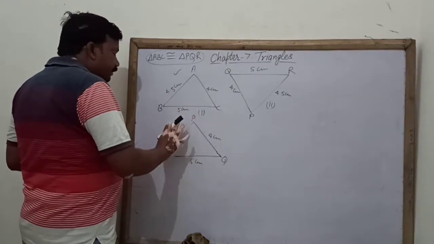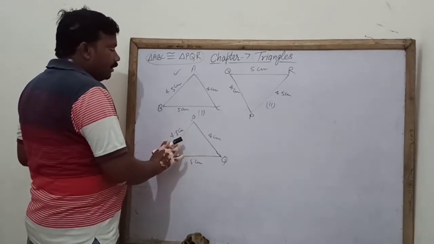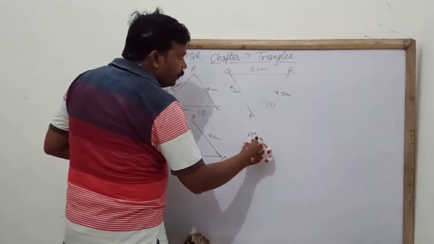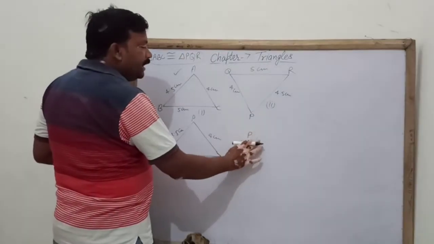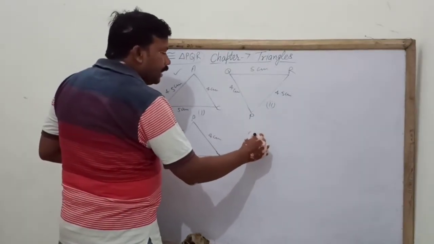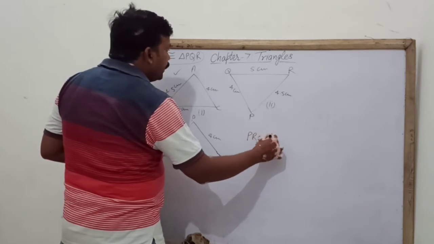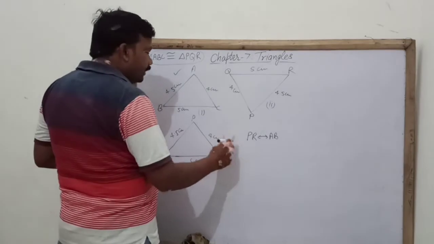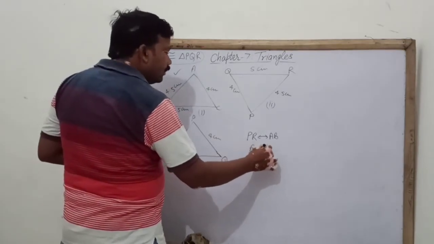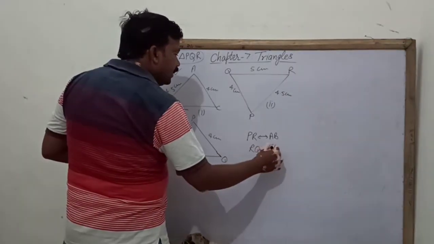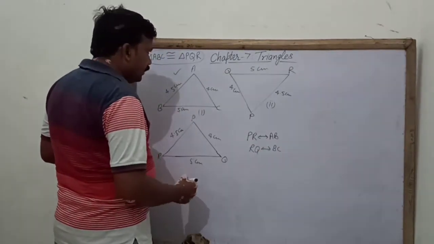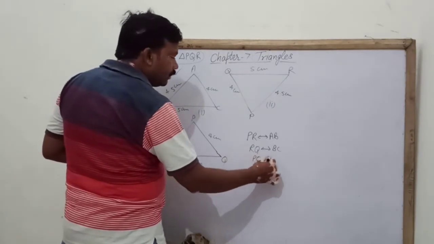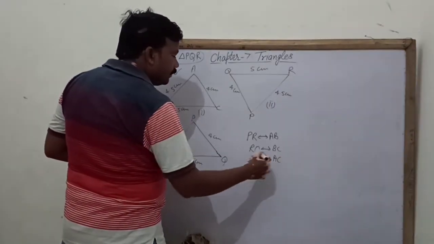Now we can see that side PR is lying on AB, RQ is lying on BC, and PQ is lying on AC.